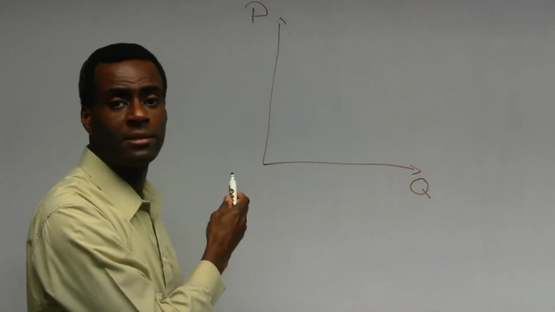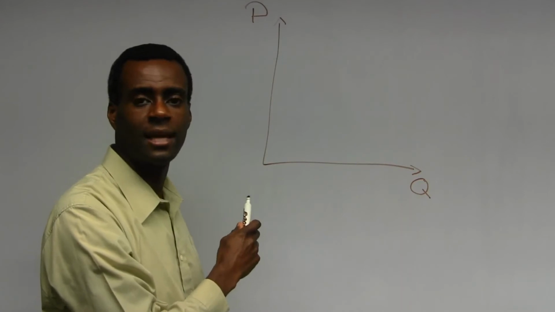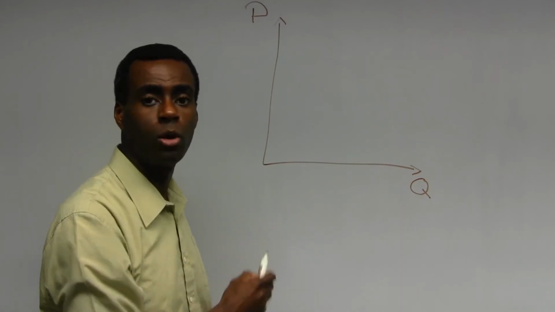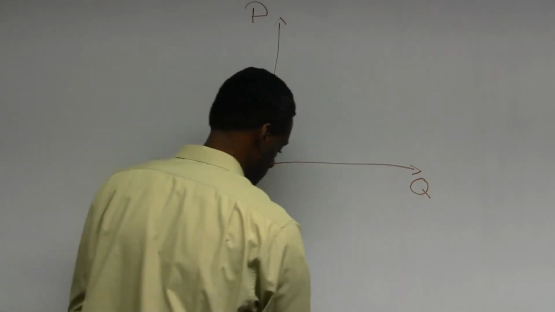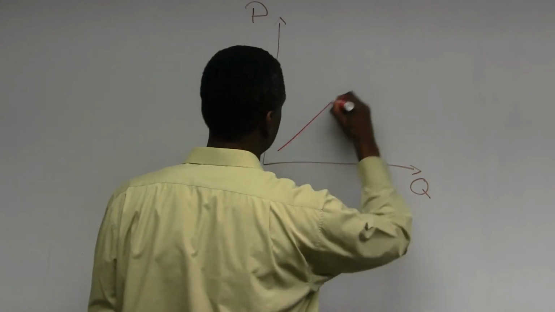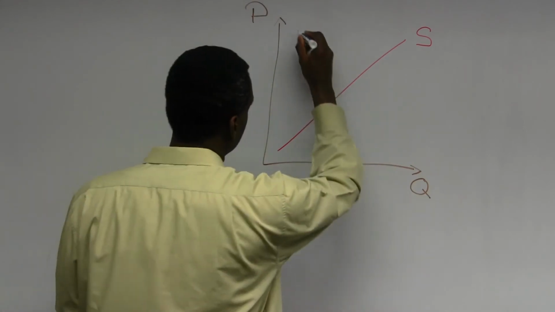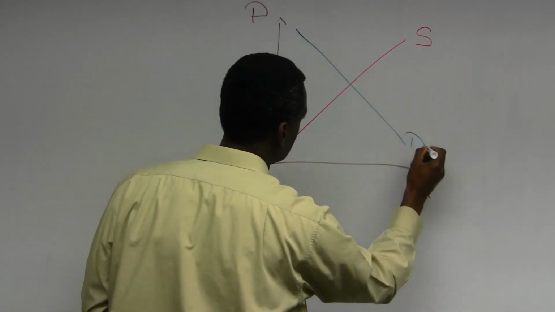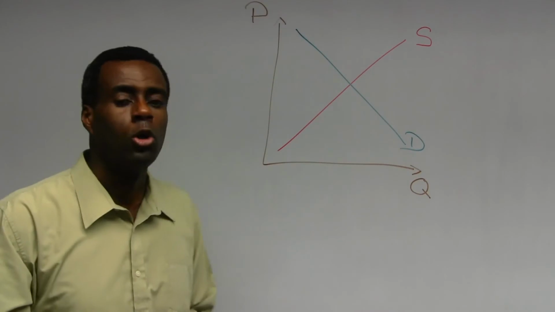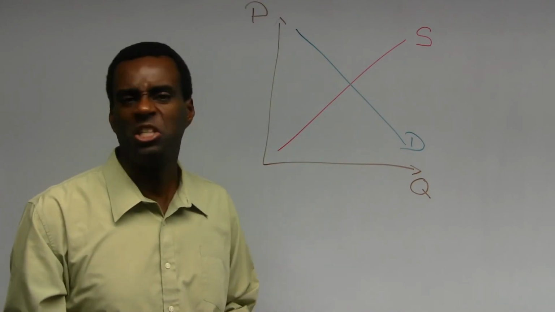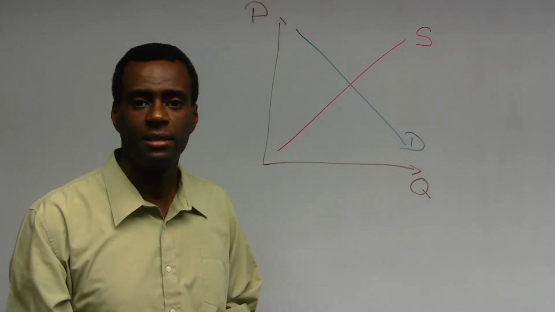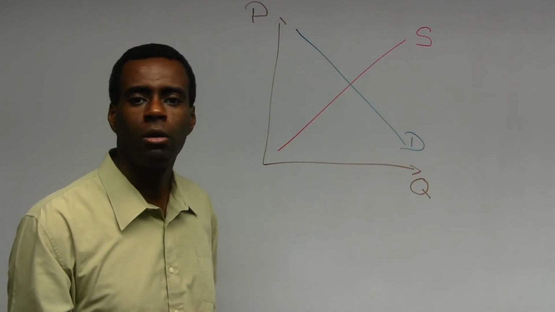We have price always on the vertical axis and quantity on the horizontal axis. We then draw a generic supply and a generic demand. It won't really matter how they're drawn.